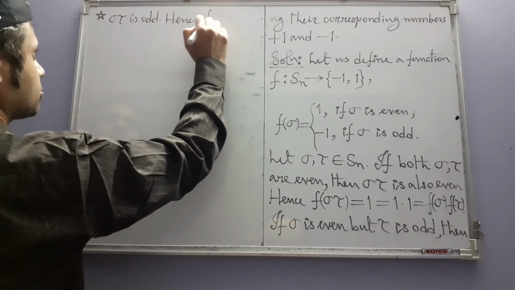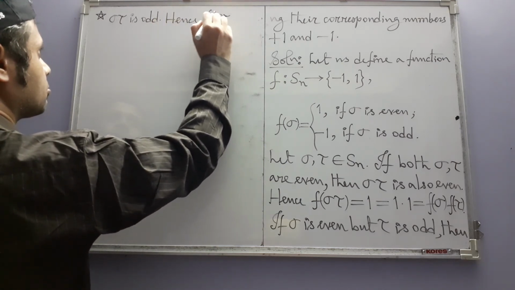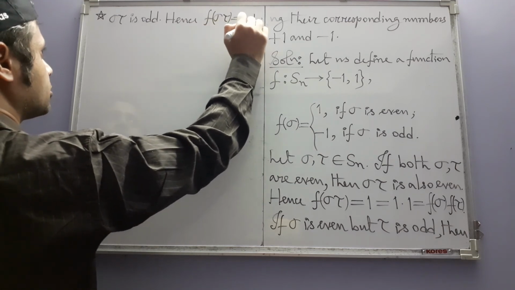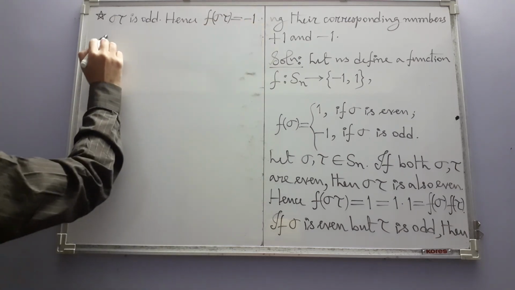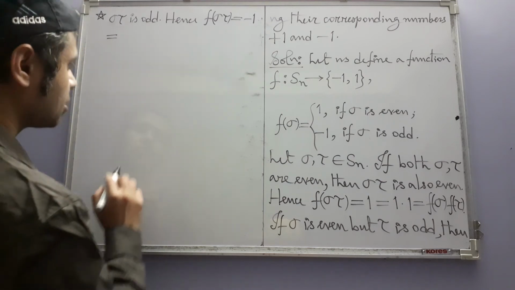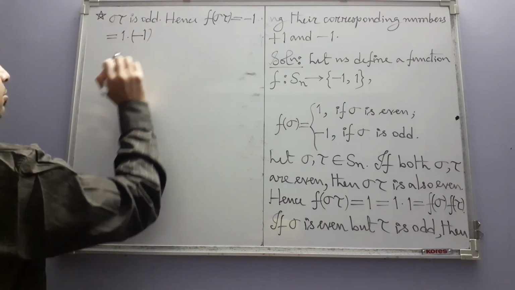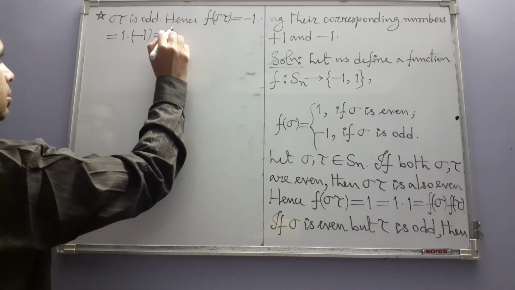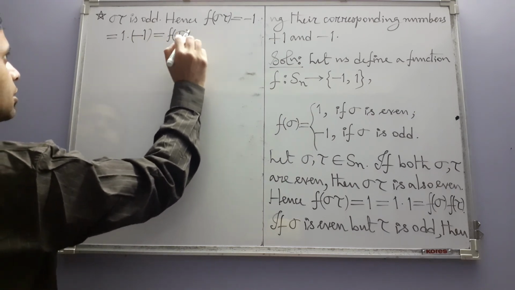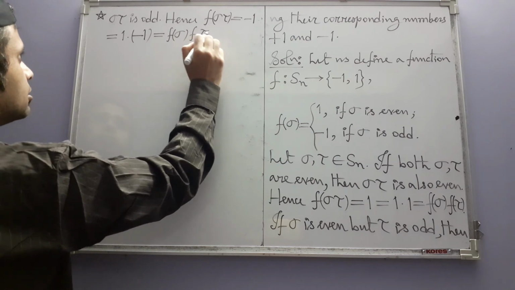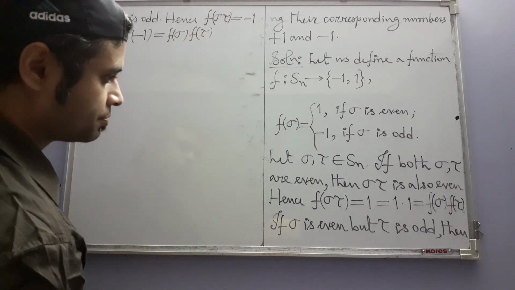Hence, this time because it is odd, it is -1, and -1 can be written as 1 times -1. 1 is f of sigma, -1 is f of tau.